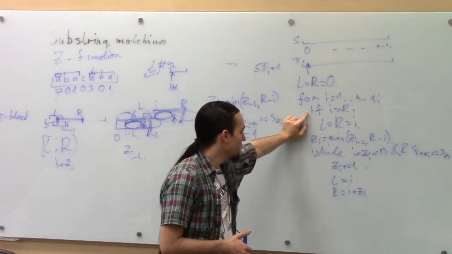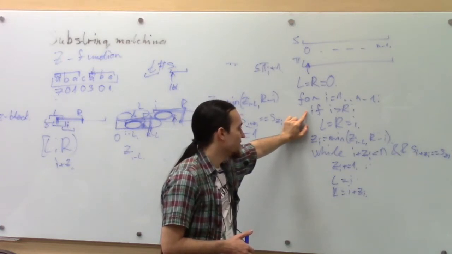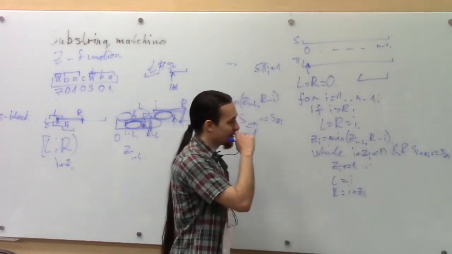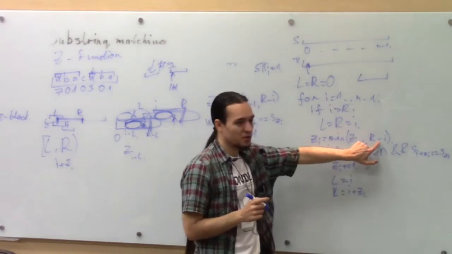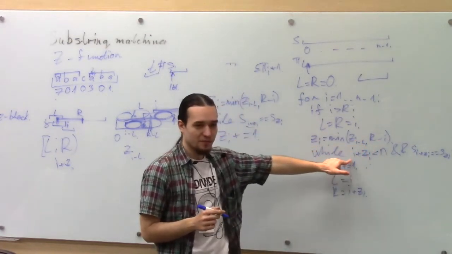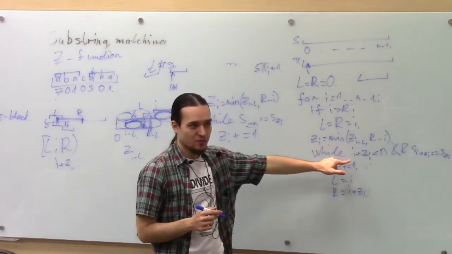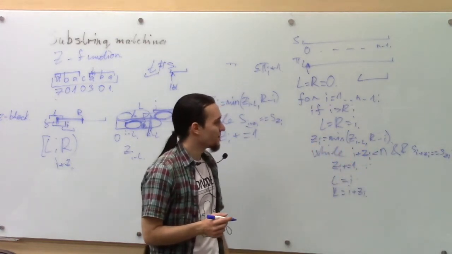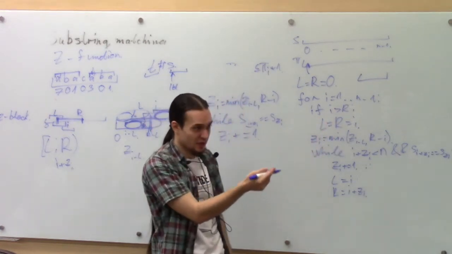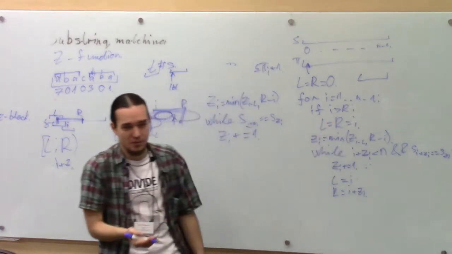Well, the only bad thing that could happen is if i is equal to R, then we are on the border of that block, and since i is equal to R, we initialize that z[i] to 0, so that forces us to make naive comparisons here. So for safety, if you feel safer, you could write i greater or equals to R. It would be correct as well. There's no problem with that.